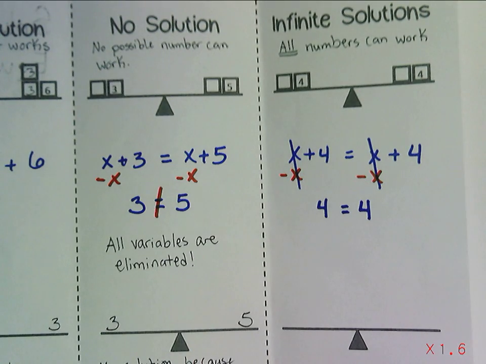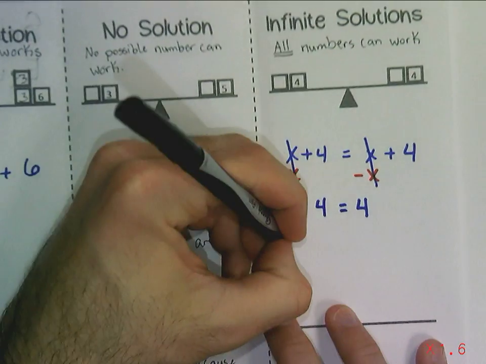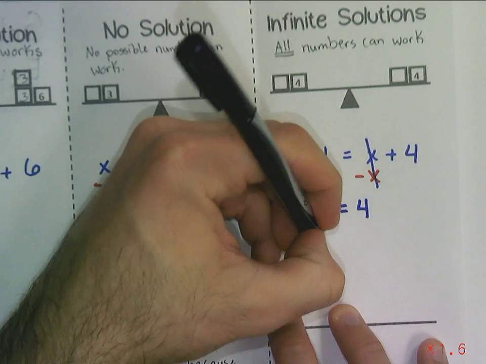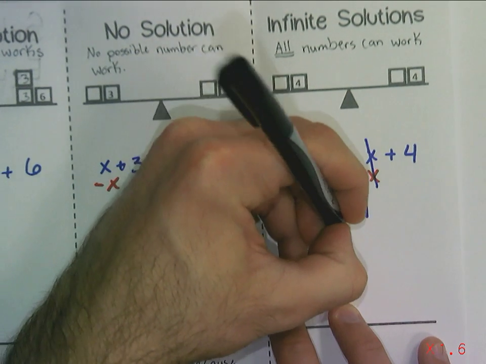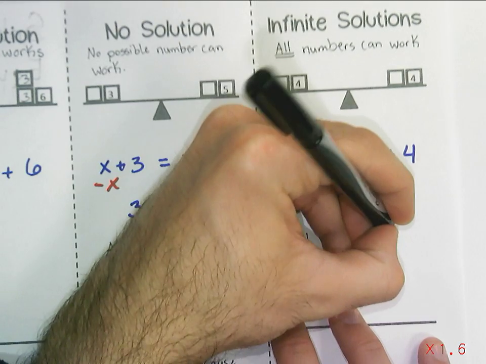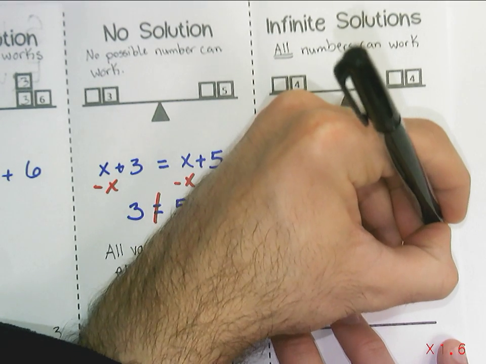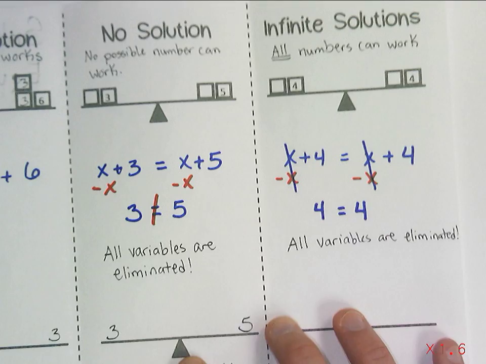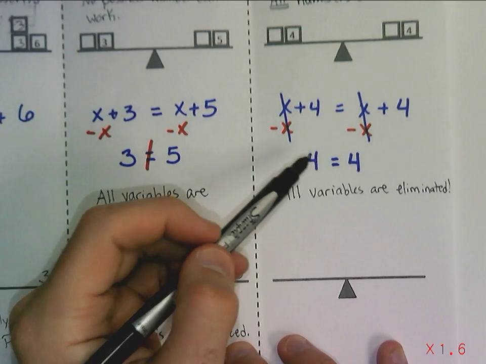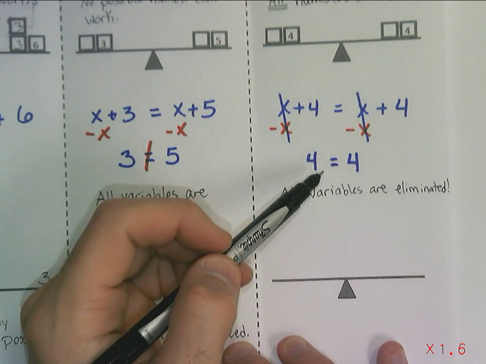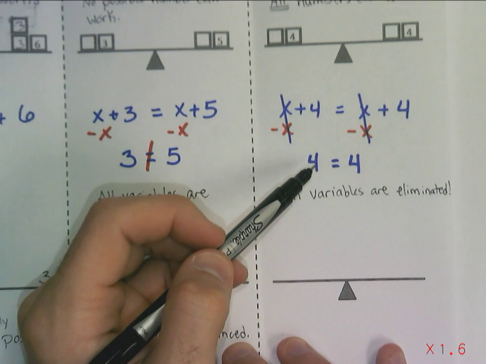Now, is 4 equal to 4? Well, I'd hope that you answer yes, because 4 is always equal to itself, no matter what. And if you notice here again, all of our variables are eliminated. The only difference here is that now we have a number equal to itself. And this tells us that there's infinitely many solutions.